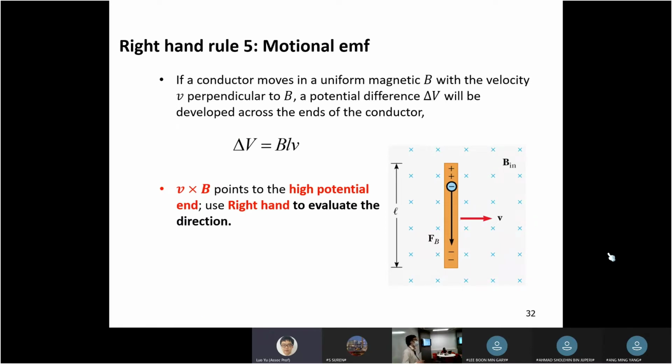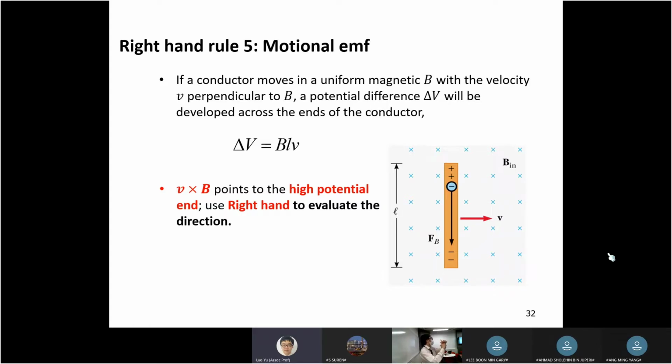And the final right-hand rule is for motional EMF. When we move a conducting wire in a magnetic field, we will create a voltage between its two ends. The electron flows downward, but the current is from positive to negative ends, to a higher potential. The fifth right-hand rule tells you the direction of current flow in motional EMF.